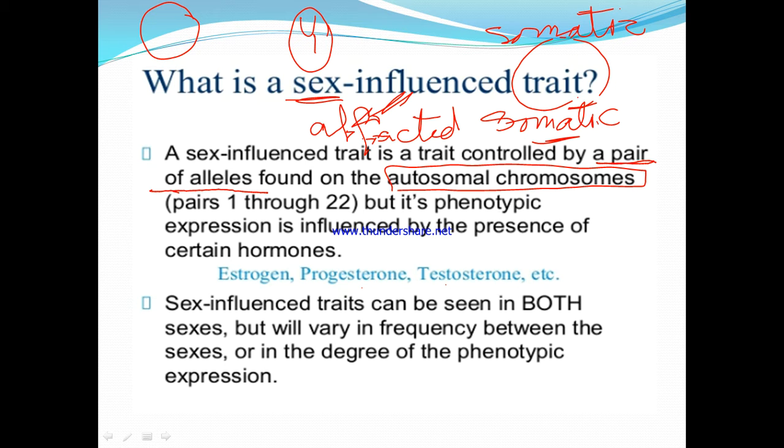We have in human beings from 1 to 22 autosomes. Okay, and affected by sex genes that are carried on X and Y chromosomes.